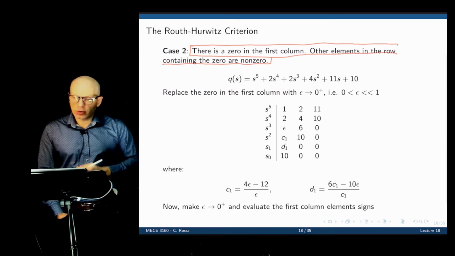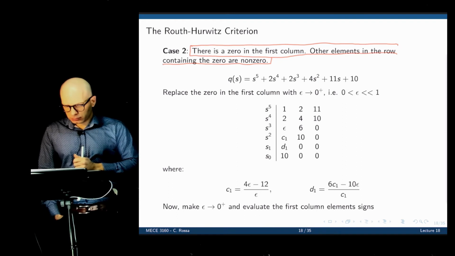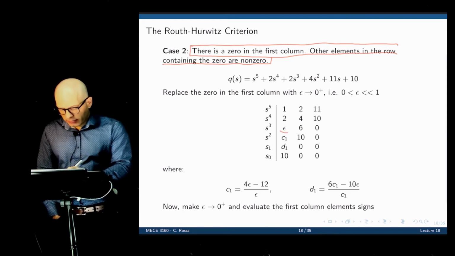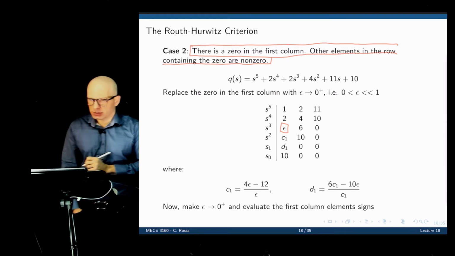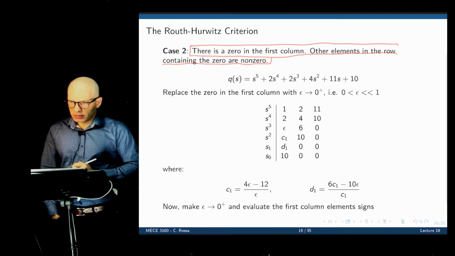What can we do? If we encounter a 0 and all other elements in the row are not 0, then just write a variable, in this case epsilon, and do the remaining calculations using epsilon.